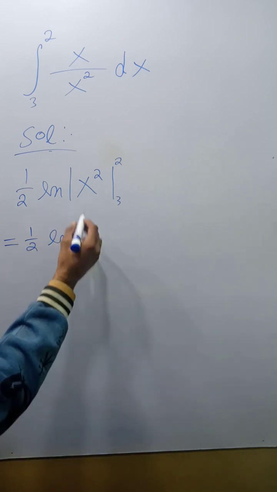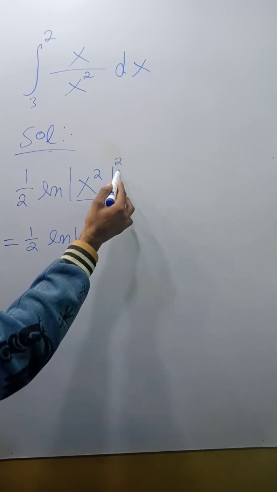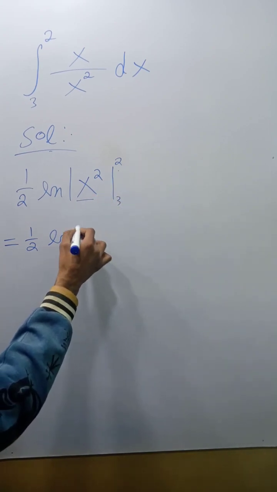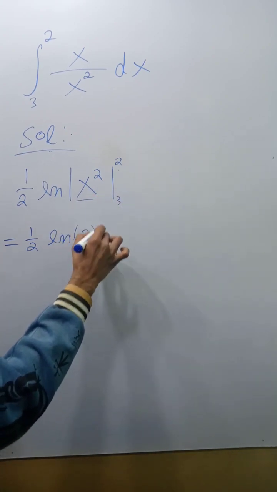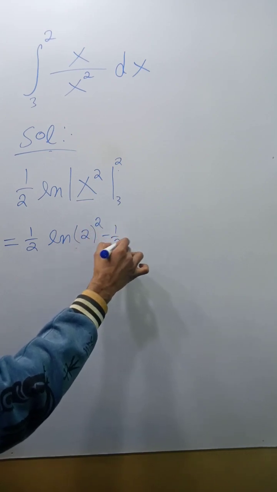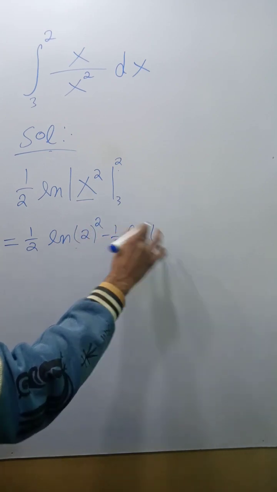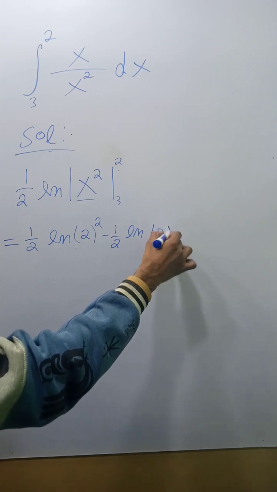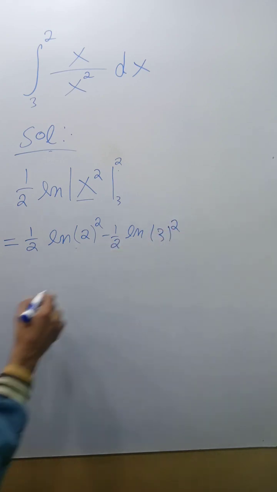First of all, we have to replace this x by the upper limit: 1 by 2 natural log 2 square, minus 1 by 2 natural log, lower limit 3 and its square.